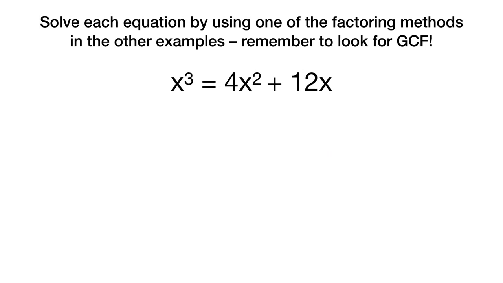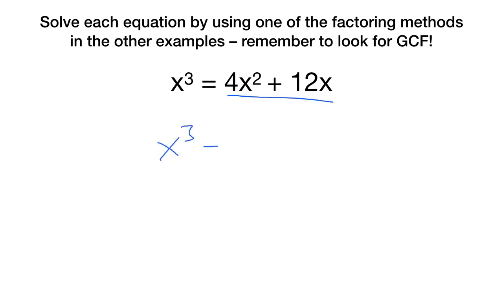Let's try this one. Oh, well, this one looks a little harder because it says x cubed equals 4x squared plus 12x. So I have to move certain things over. In this case, I'm going to move both of these so that my leading coefficient stays positive.